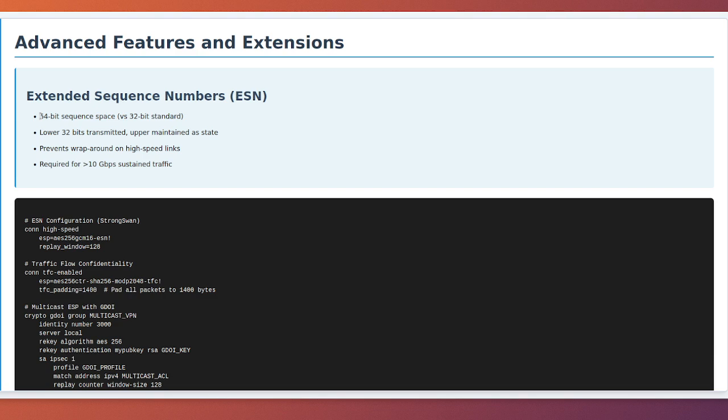ESN extends this to 64 bits, with the lower 32 bits transmitted in the ESP header and the upper 32 bits maintained as state at both endpoints. The full 64-bit value is included in the ICV calculation, preventing rollover attacks. Implementing ESN requires careful state synchronization, especially during the transition when the lower 32 bits wrap around.